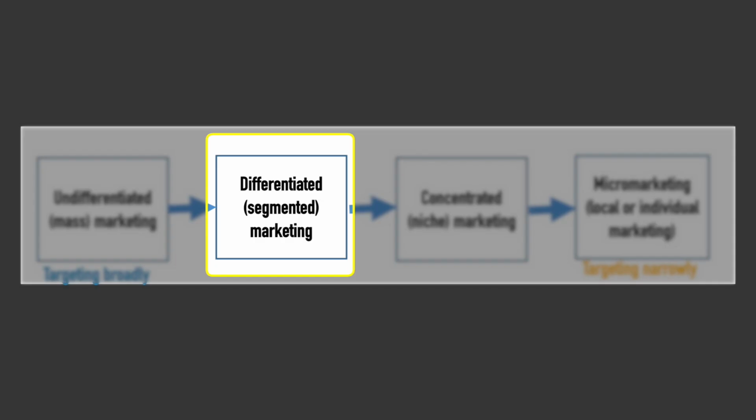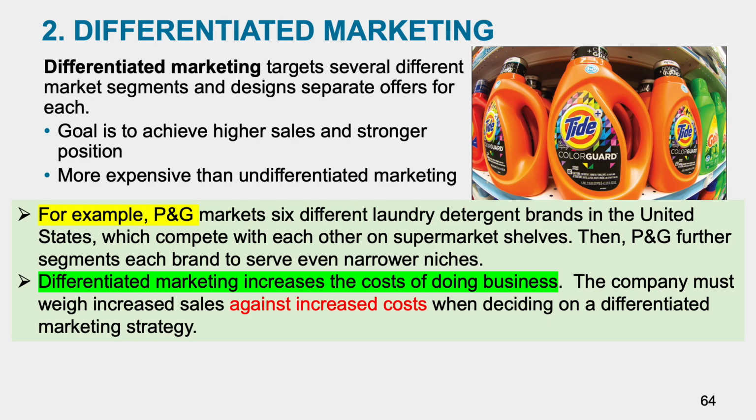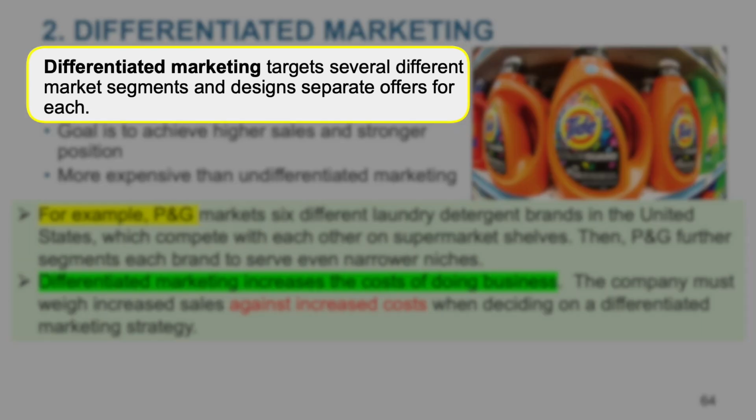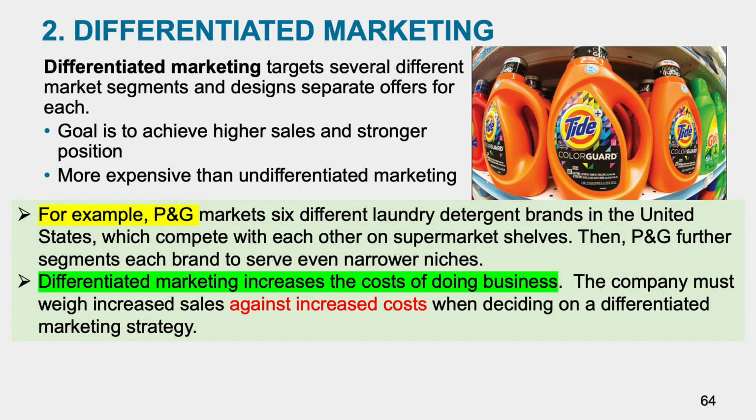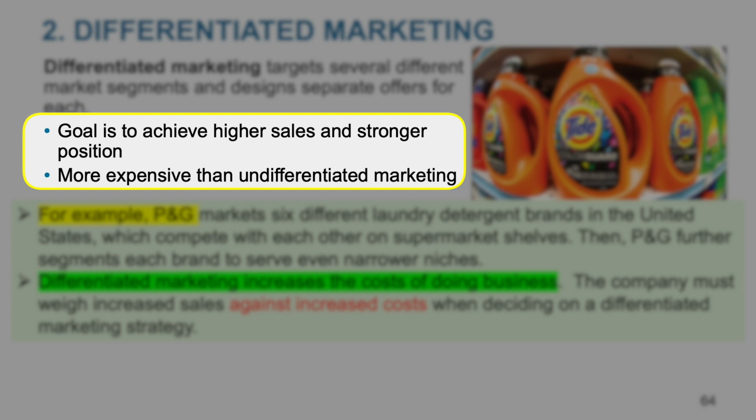The next type is differentiated or segmented marketing. Differentiated marketing targets several different market segments and designs separate offers for each. The goal is to achieve higher sales and a stronger position, and it is more expensive than undifferentiated marketing.